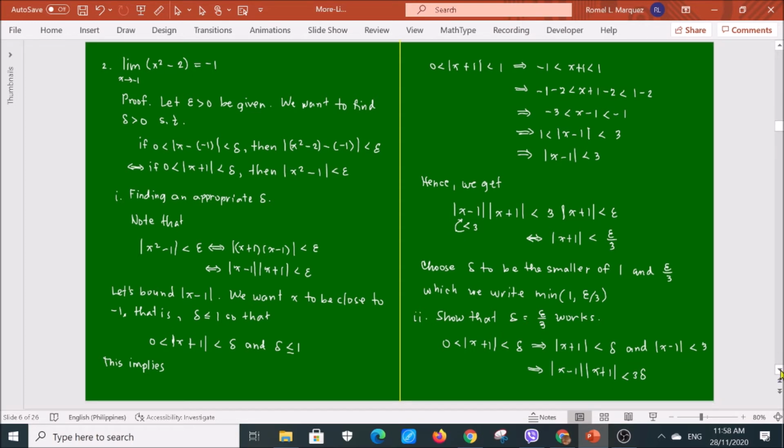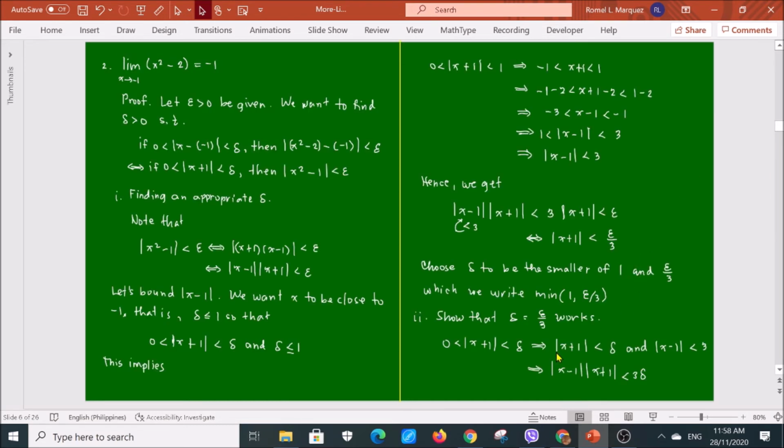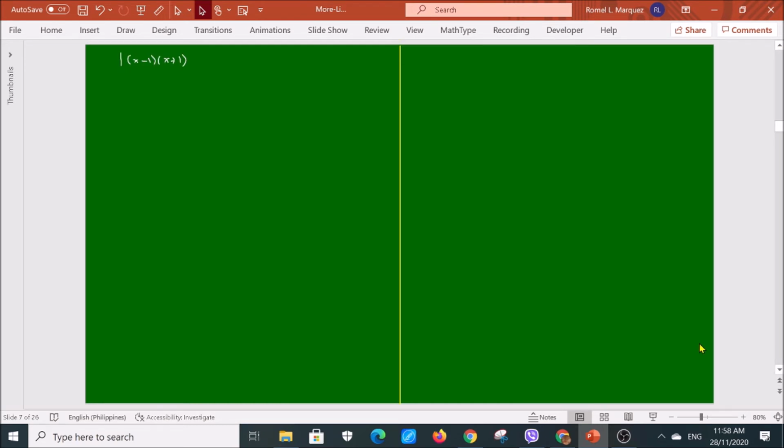Now, from there, I can express the product of the absolute value of x minus 1 and x plus 1 as one absolute value, and that is less than 3 delta. And I can multiply this, so this is the absolute value of x squared minus 1, and that is less than 3 delta.